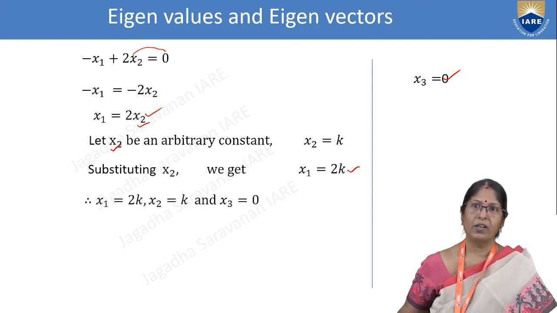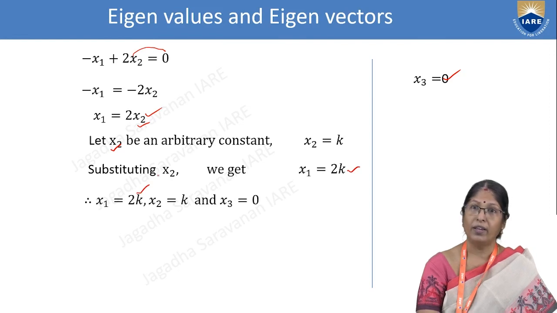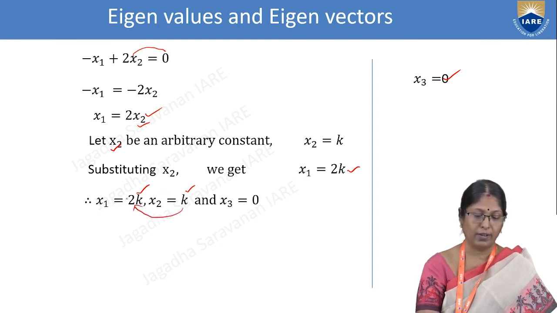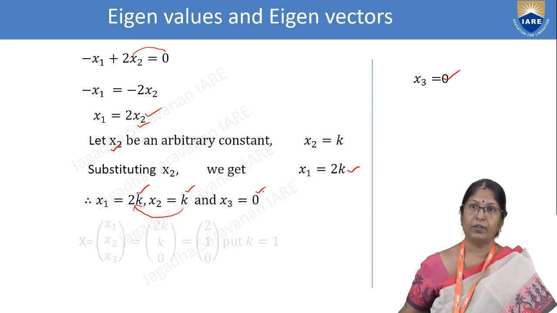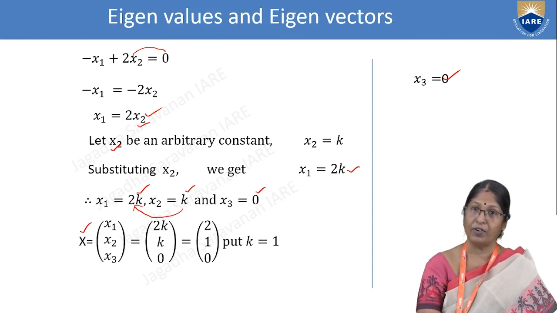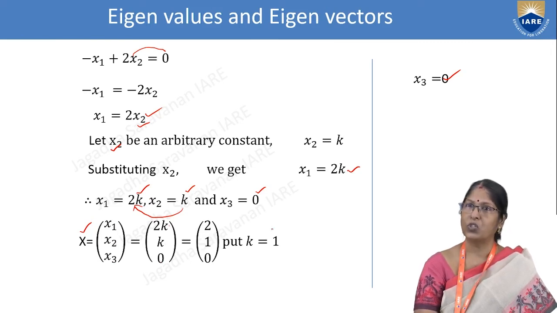So x1 equal to 2k, x2 equal to k, and x3 from the equations is 0. So capital X, that is our eigenvector, x1, x2, x3, is 2k, k, 0. Simply k equal to 1 we will take. So k place we substituted 1: 2, 1, 0.